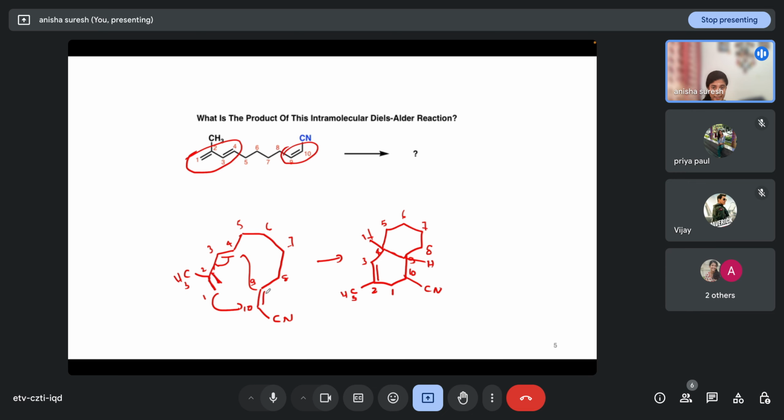See, this cyano group and the hydrogen, they are coming opposite to each other, right? So here it will be having trans geometry. Okay.